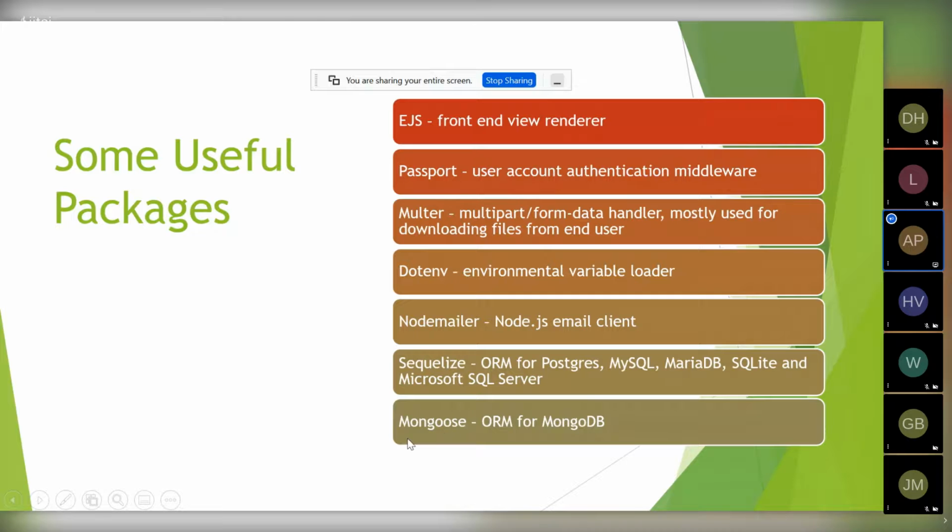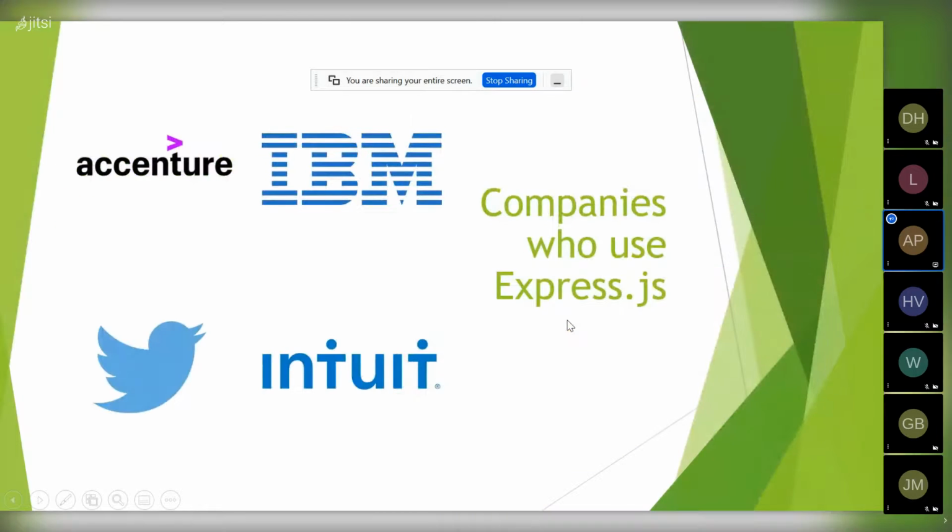And then Mongoose, which is what I'm using, is a specific ORM for MongoDB, which is a pretty nice one. And here's a small list of companies that use Express.js: Accenture, IBM, Twitter, and Intuit.